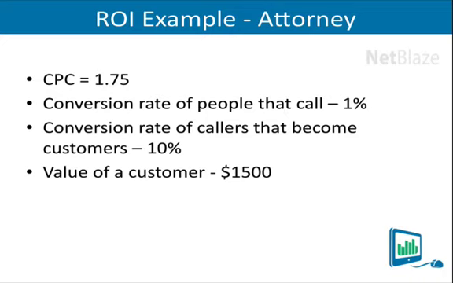But these are order of magnitude kind of accurate numbers. And then value of a customer. Maybe for a law firm, the value of a customer, and you can think of that as a profit per customer, is $1,500. And obviously, if you're a hair salon, that number is going to be a lot lower.